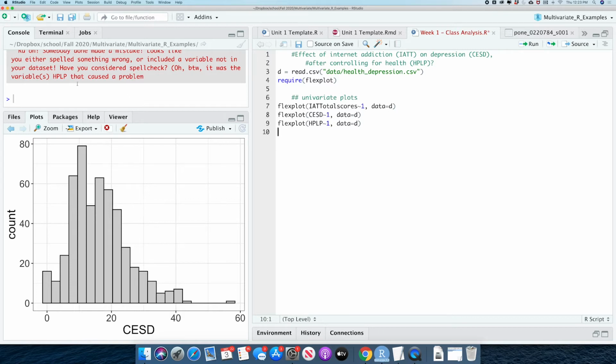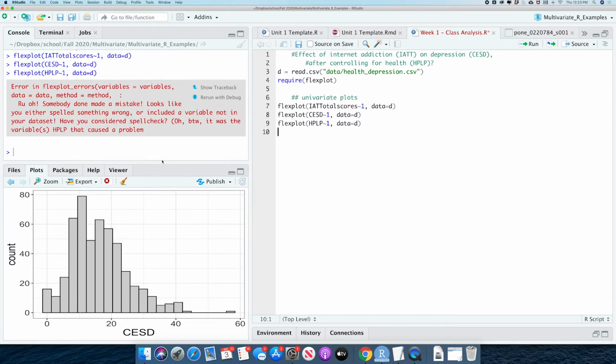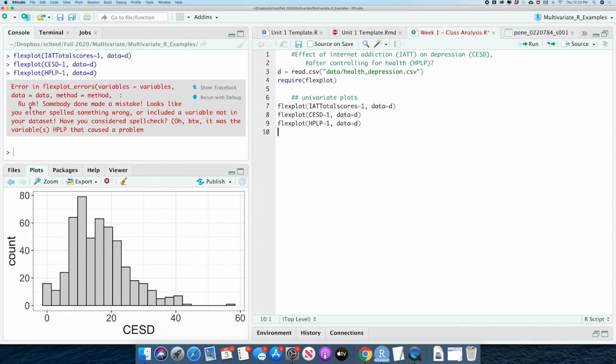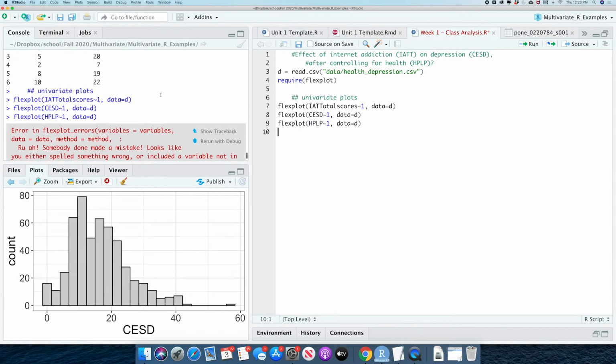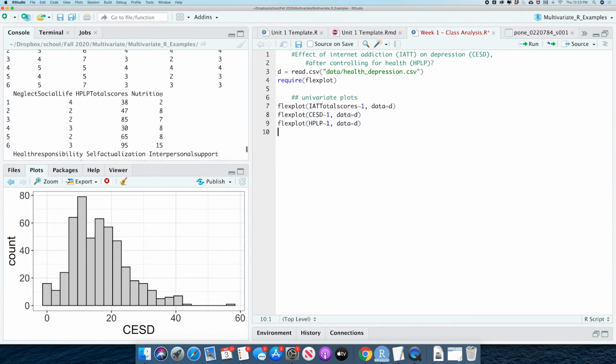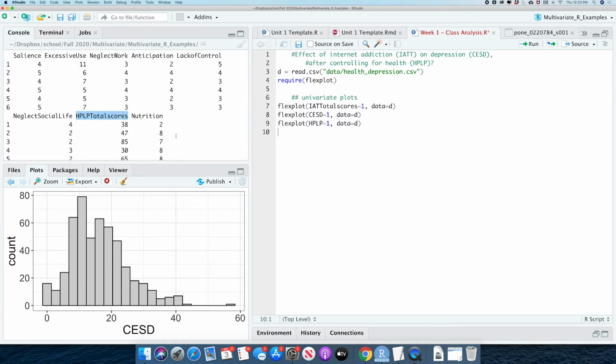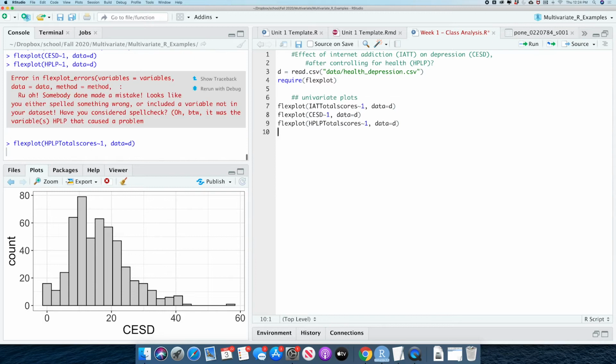Oh, and it looks like flexplot gives you an error. It says, ruh-oh, somebody done made a mistake. Looks like you either spelled something wrong or included a variable not in your data set. And sure enough, I used HPLP when the actual variable is HPLP total scores. So that's not gonna work out.